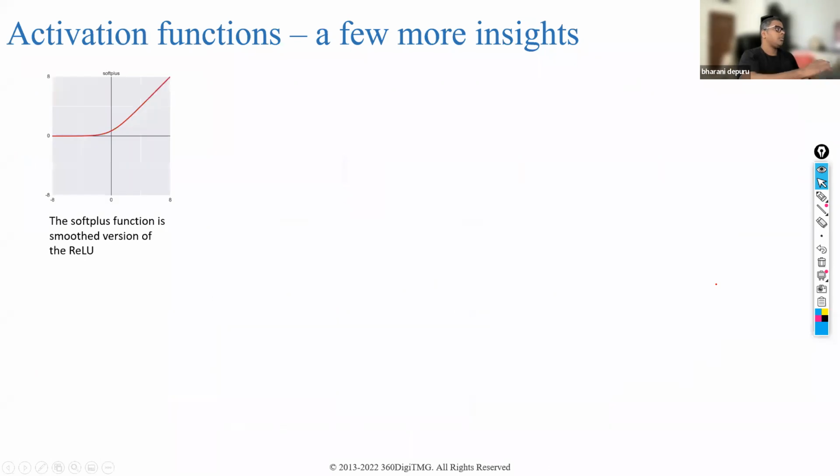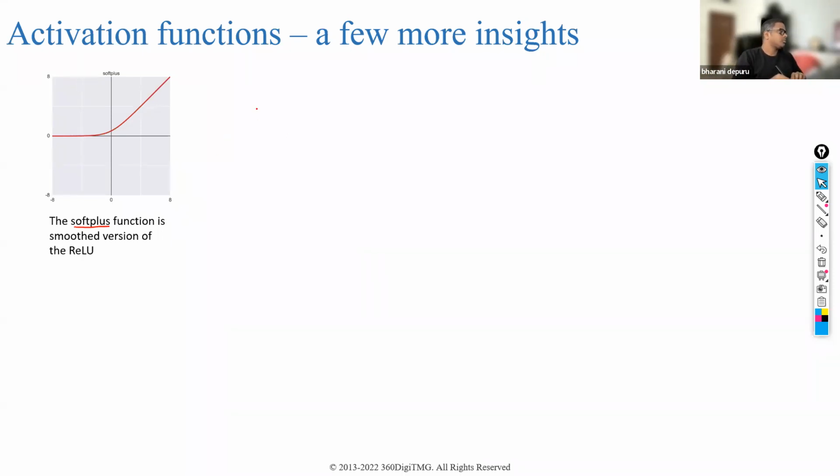Now we are going to talk about smooth functions. Among the smooth functions, one function that we need to talk about is called softplus. But why do we need smooth functions when we have piecewise linear functions?